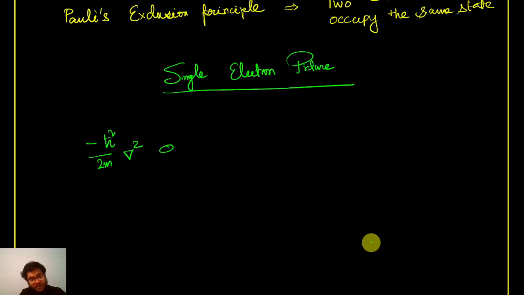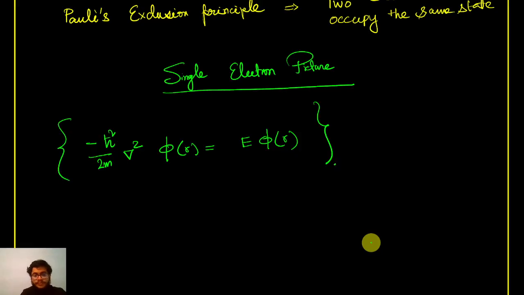Now we have come back to the single electron equation. And this is the equation for a free electron, obviously, because there is no potential term. There is no interaction between two electrons, and there is no external potential either. So the electron is completely free to move.